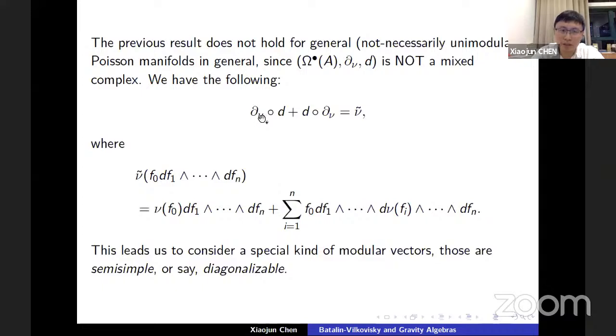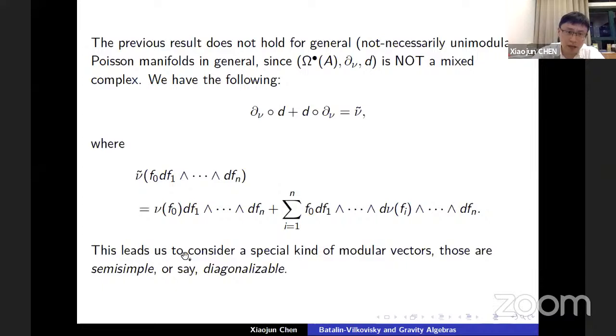The d nu composed with the de Rham differential plus the de Rham differential composed with d nu is equal to nu tilde, where nu tilde is given by the following formula. So this is in general not zero because nu is the modular vector. It's not necessarily zero, as I said.